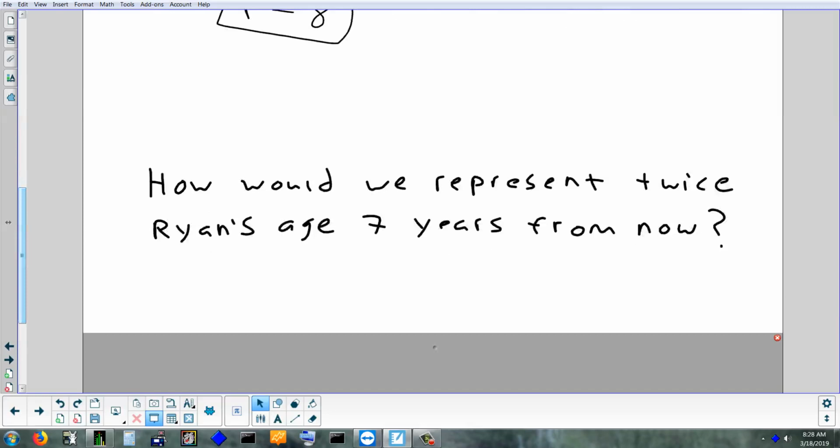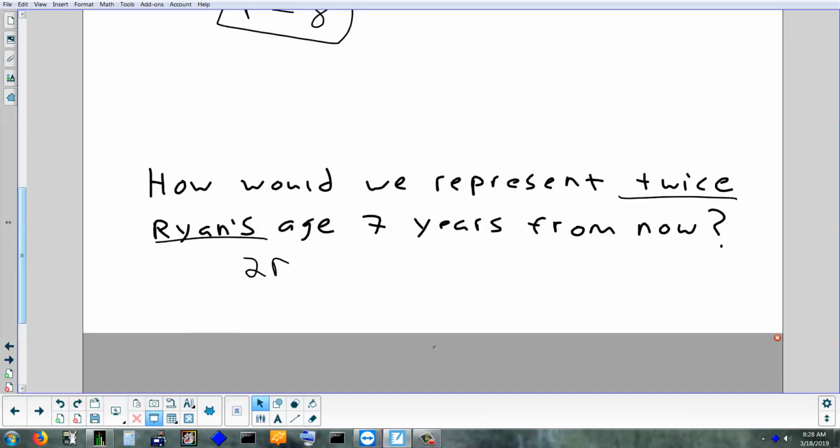What operation would you have to do that means twice? Multiplication. And twice means how many times? Like 2. So R times 2. Yep. Or you can put 2 times R. Same thing. When we have to multiply something, we usually put the number in front, then the letter right after.